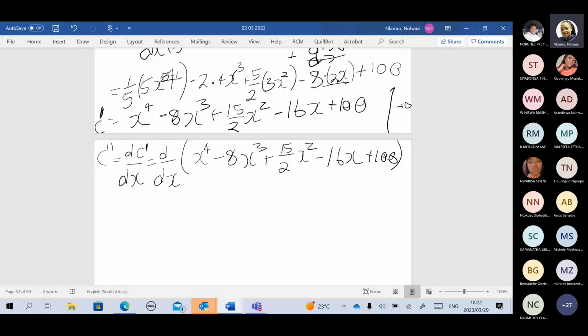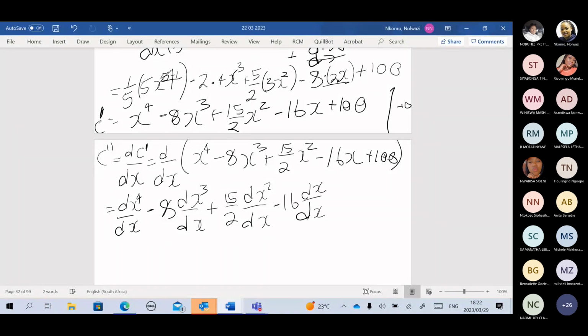Meaning we can write C prime prime as the derivative of x to the power 4 with respect to x, minus 8 times the derivative of x cubed with respect to x, plus 15 over 2 times the derivative of x squared with respect to x, minus 16 times the derivative of x with respect to x, plus 100 times the derivative of 1 with respect to x, right? Then we can do our differentiation.